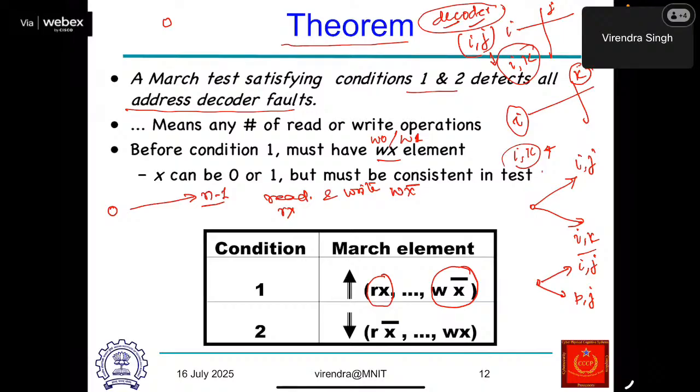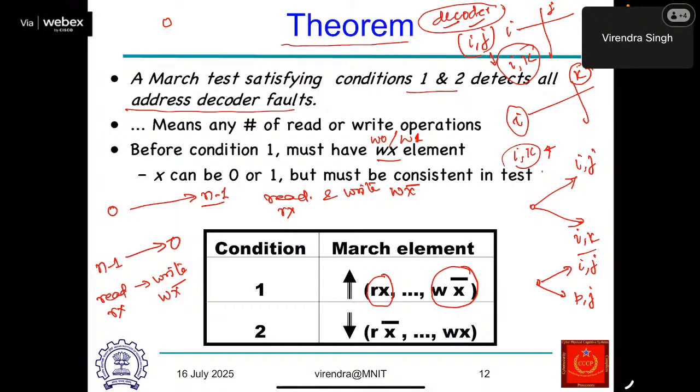If I do this, and one more time start from the last cell and go down to 0, first I read X followed by writing X bar. So if I follow these two, doing this in both ways, from 0 to n minus 1 or n minus 1 to 0, it can capture all the faults which are possible in the address decoder.